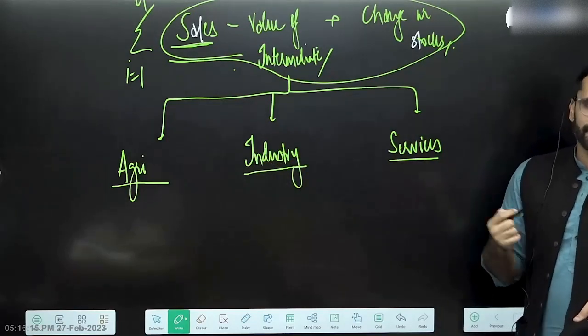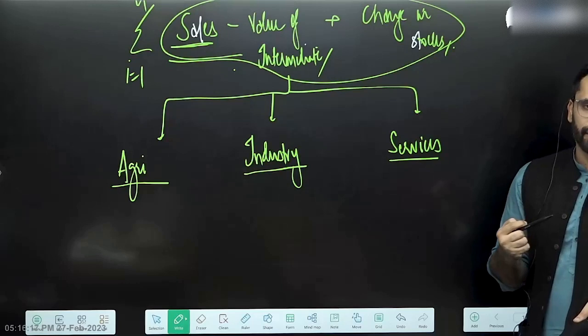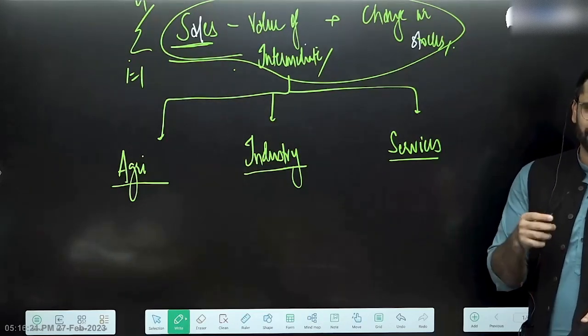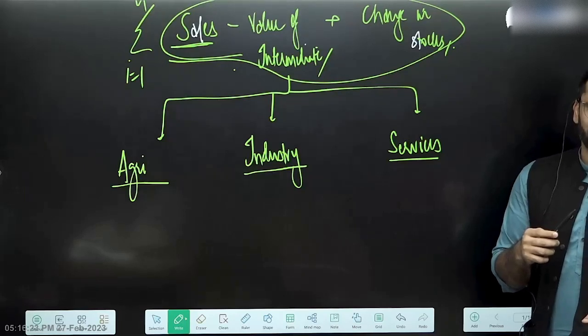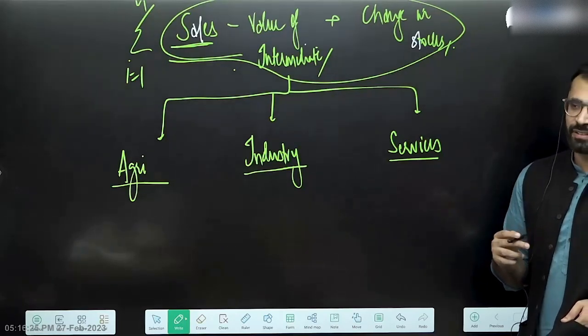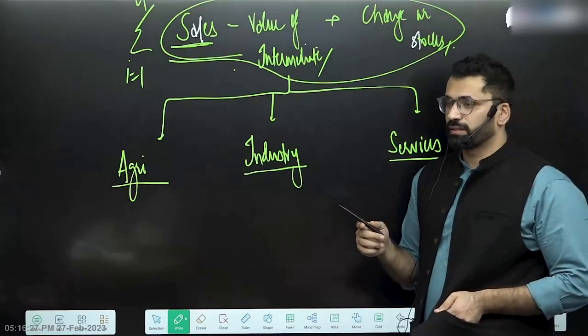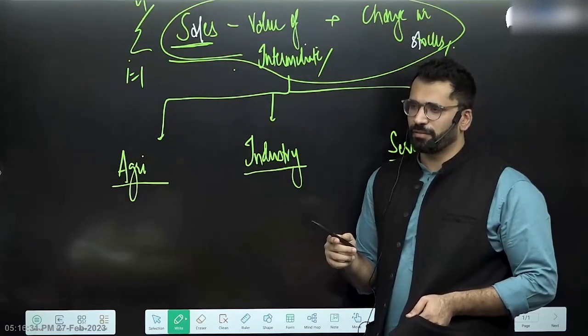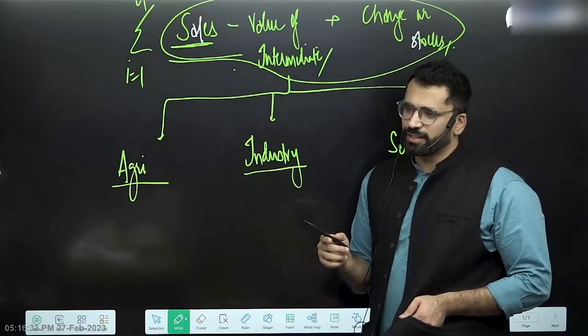What is primary, secondary, tertiary? Agriculture doesn't use raw material, but manufacturing does. Value addition. Zero cost. Why is it zero cost? Is it not scarce?